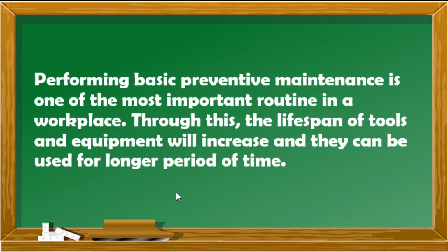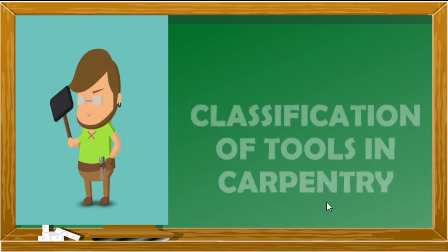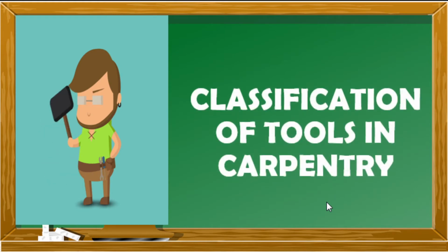Okay? So, next. In order to perform basic preventive maintenance, first we classify our tools and equipment. How do we classify them? We classify our tools and equipment through their function. Whatever their function is, that's how we classify them. So what are our classifications?